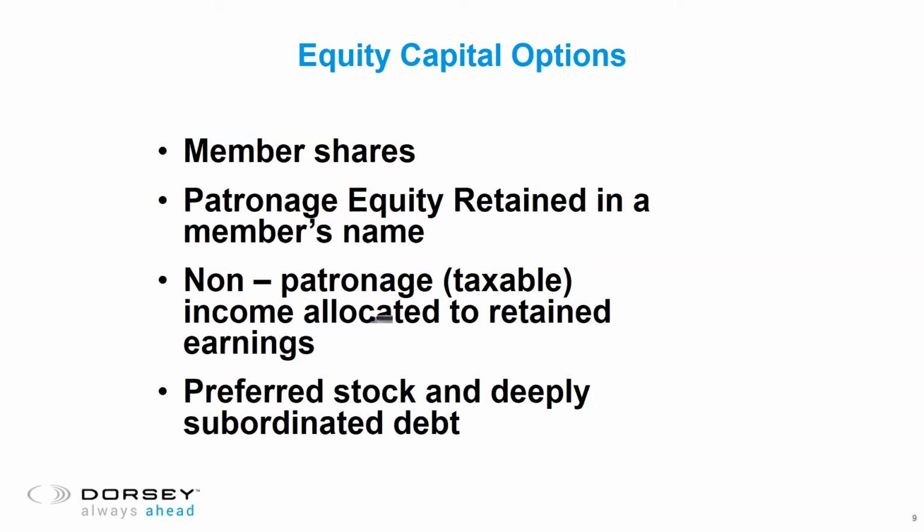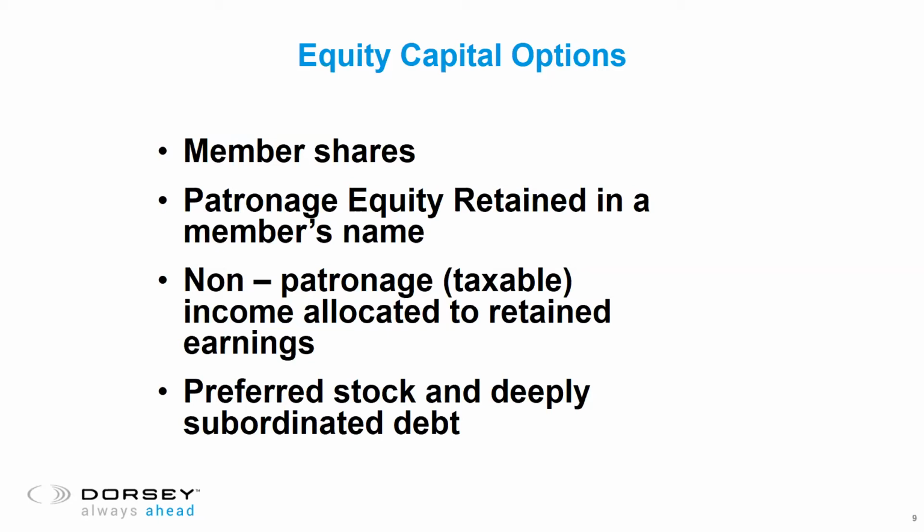Patronage equity is, I would say, certainly in the rural areas with agriculture and electric and farm credit, probably the primary source of equity on the balance sheet. In the co-op model, part of this is based on tax, the tax neutrality that a co-op has.